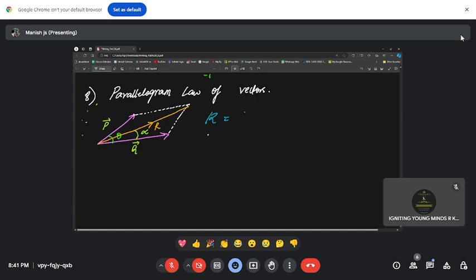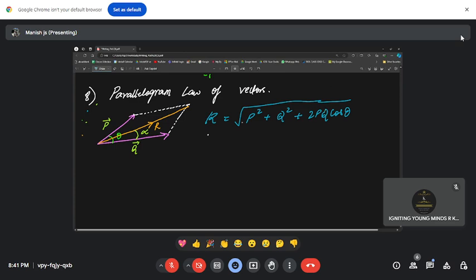By parallelogram law, we can say that resultant is given by the relation under root P squared plus Q squared plus 2PQ cos theta. Okay.